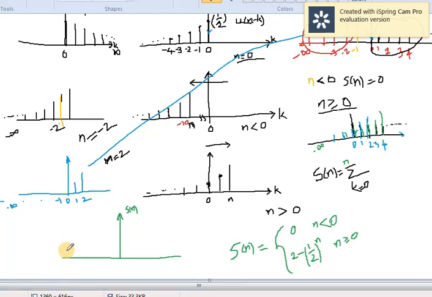Means on this side we have our result as 0. It starts existing from here only.